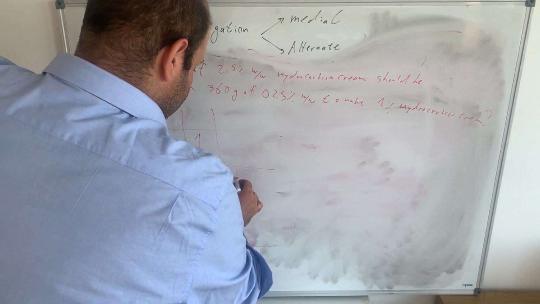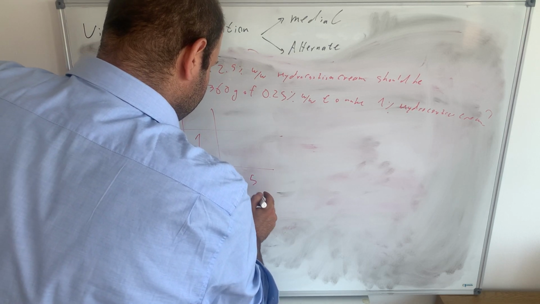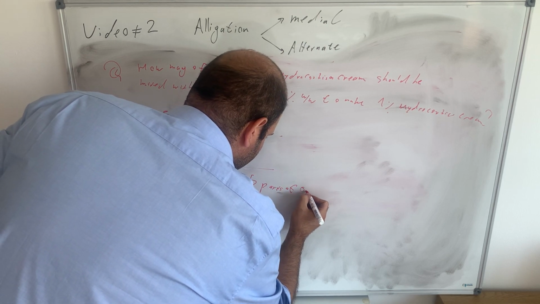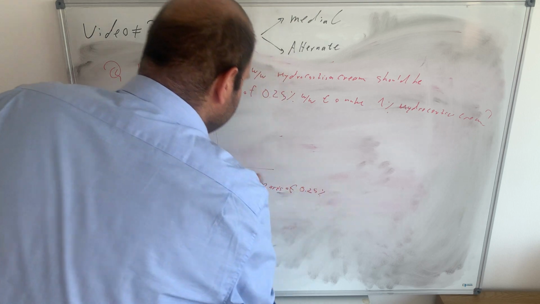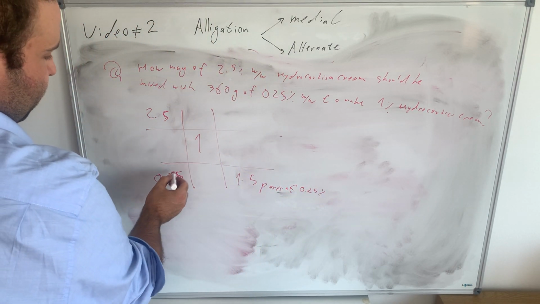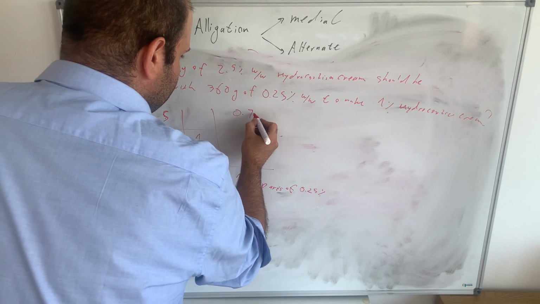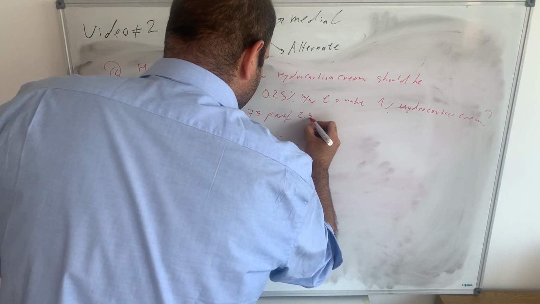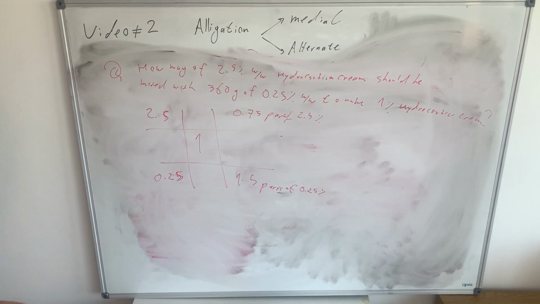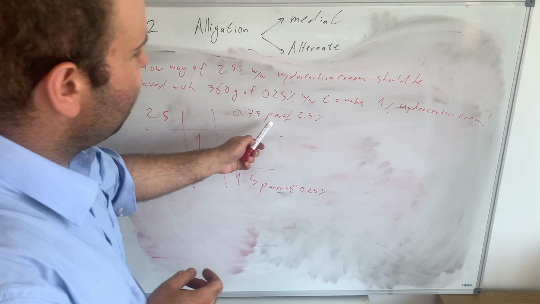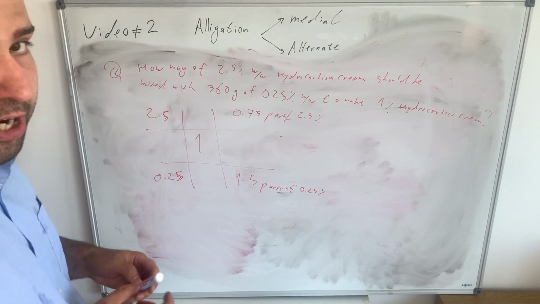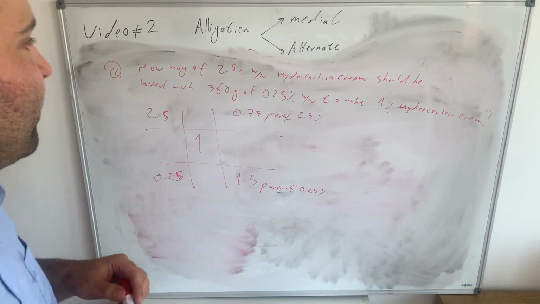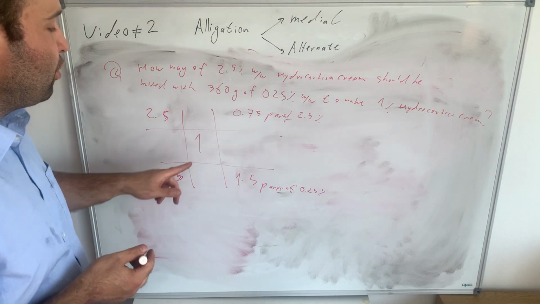2.5 minus 1 is 1.5, which is 1.5 parts of 0.25%. And from the other side it is 0.75 parts of 2.5%. So you need 0.75 parts of 2.5% hydrocortisone cream to be mixed with 1.5 parts of 0.25% hydrocortisone to give you 1%.